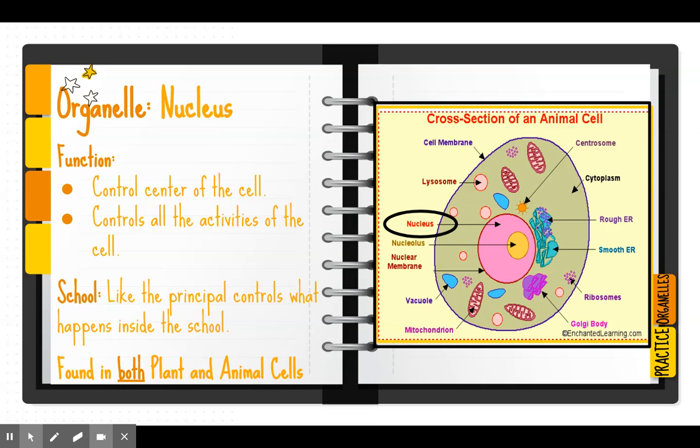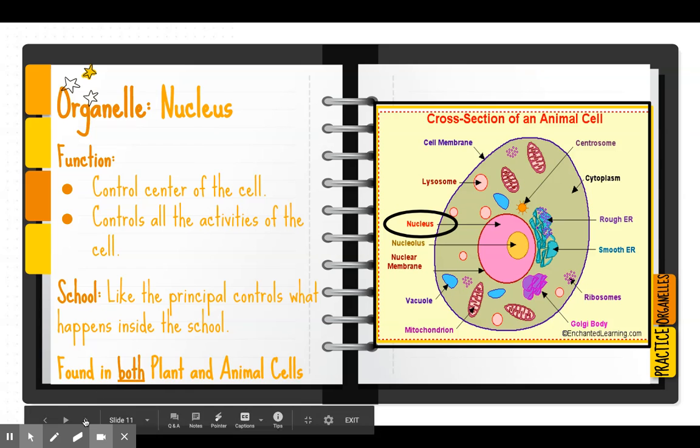Any cell that has a nucleus would be a eukaryote, and both plants and animals have a nucleus in every single one of their cells. The nucleus has all of your genetic information in it. So it's all of that DNA, all of your genetic code, all organized and bundled together. And that's what makes all of those decisions.